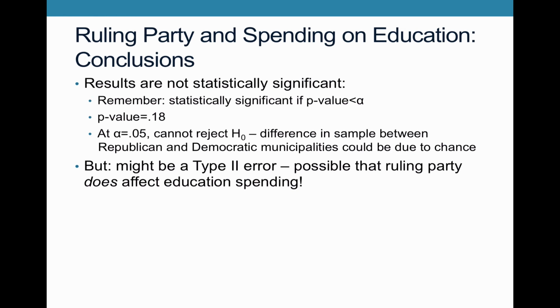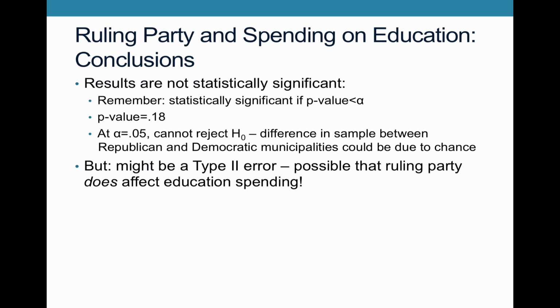We could have a type 2 error here. It is possible that ruling party affects education spending. We did see something in the mean, right? The means of our samples were indeed different, but we aren't confident enough to reject the null hypothesis. But it doesn't mean that in the real population there isn't a relationship, just that we can't conclude that.